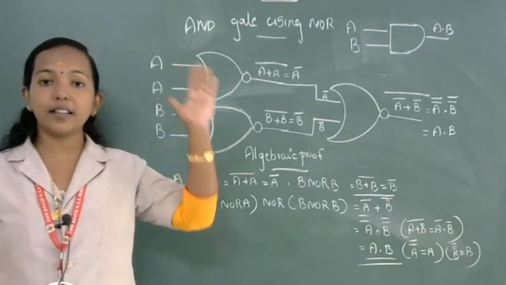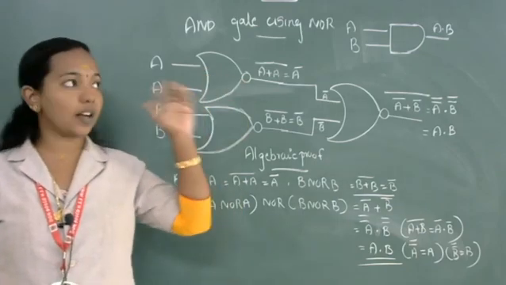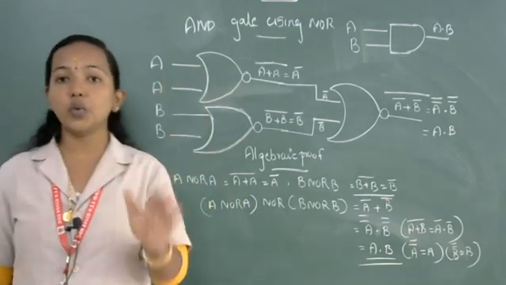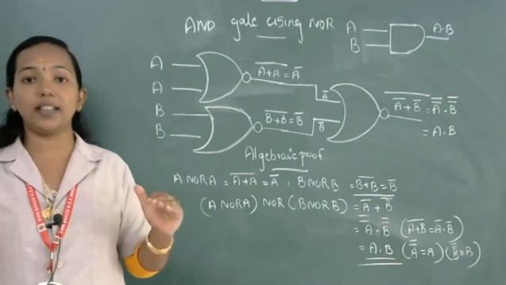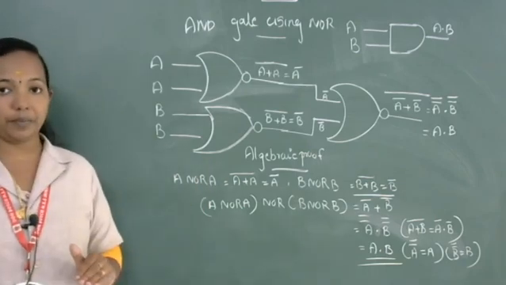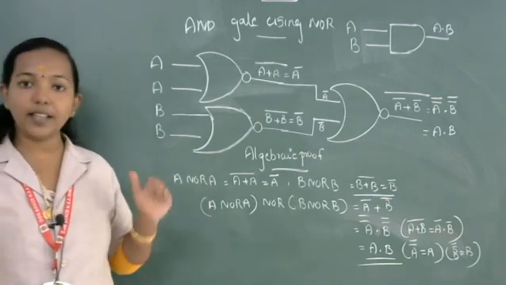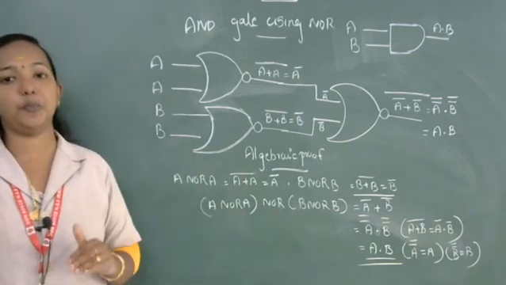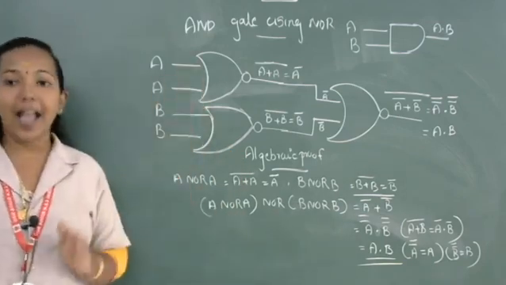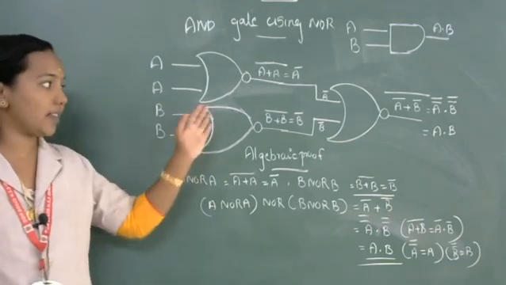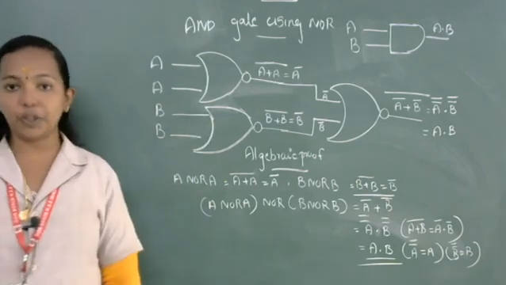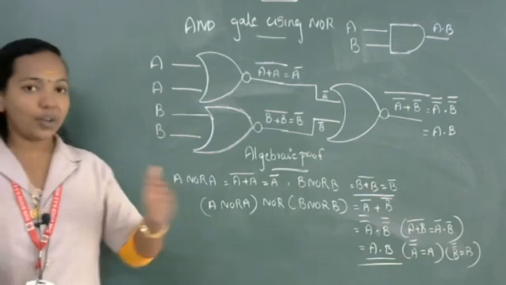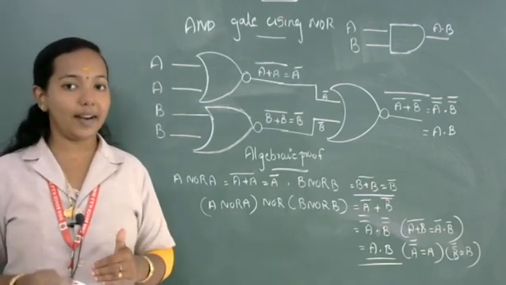So first starting with NOT gate: first sentence, NOT gate using NOR gate, then draw the diagram and then the algebraic proof. After that, second one is OR gate using NOR gate, then circuit diagram and algebraic proof. Last one, AND gate using NOR gate, circuit diagram and then algebraic proof. So in a step by step manner you want to write the answer.